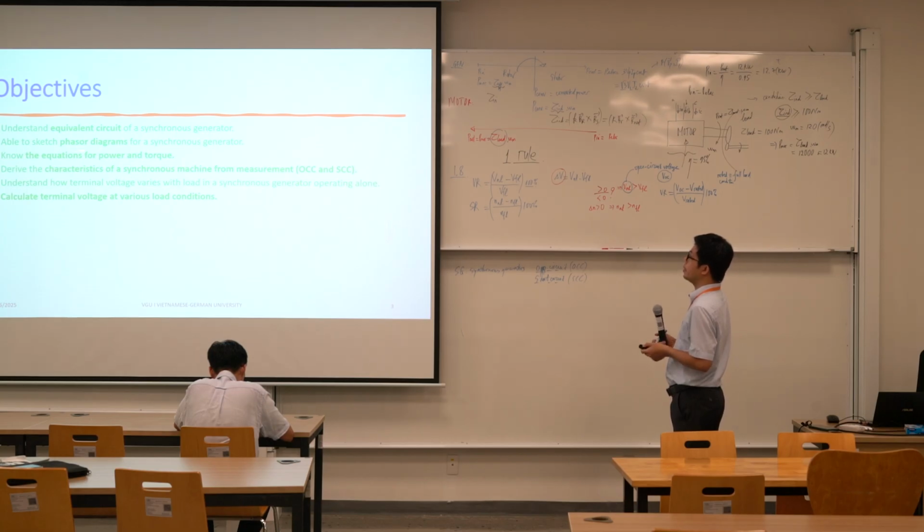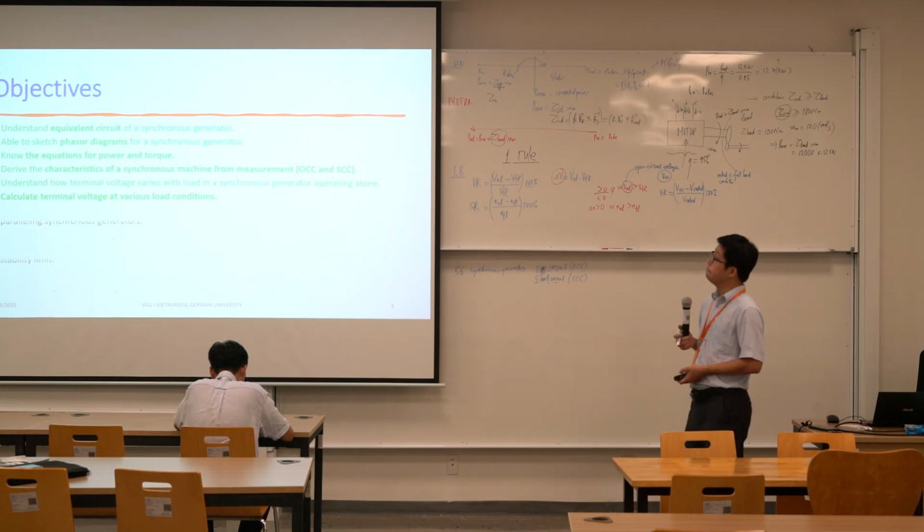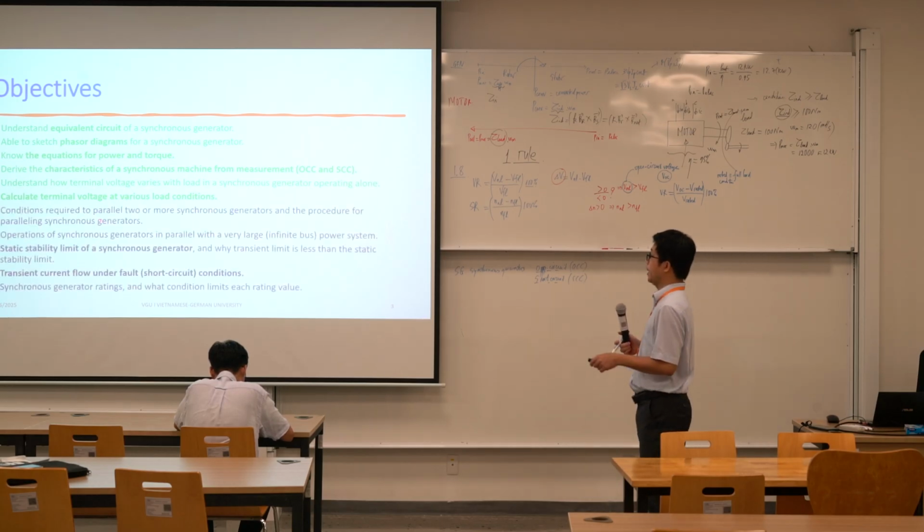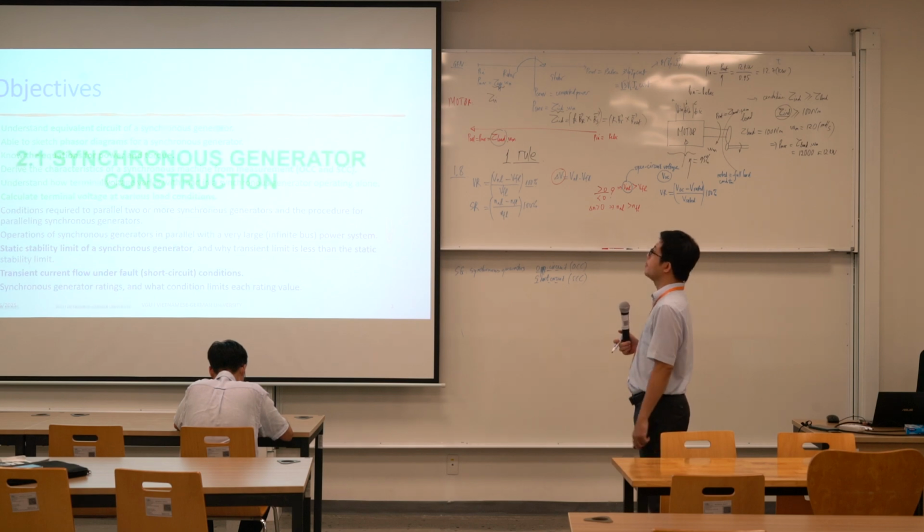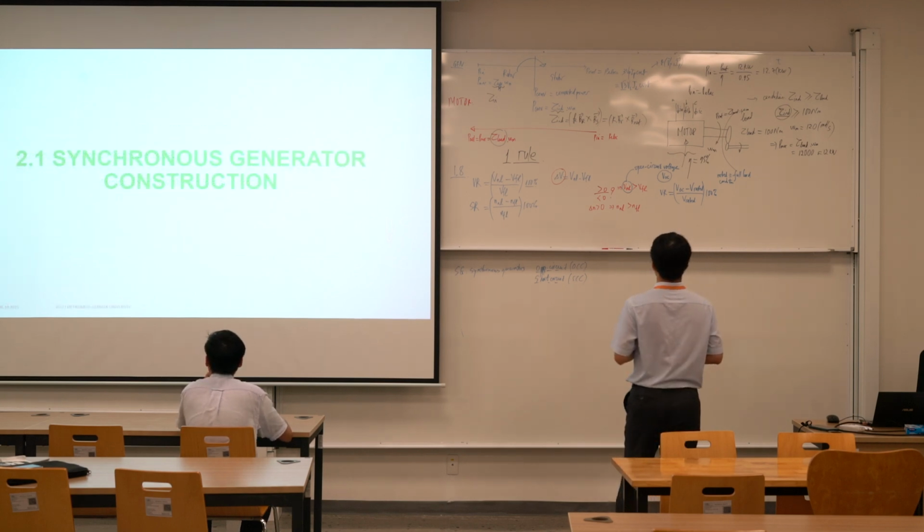We understand how terminal voltage changes with different kinds of load. We also know how to calculate the terminal voltage under different load conditions. This one is for lecture 2 part 1, and this one for lecture 2 part 2. Maybe tomorrow we discuss this one. Now session 2.1.